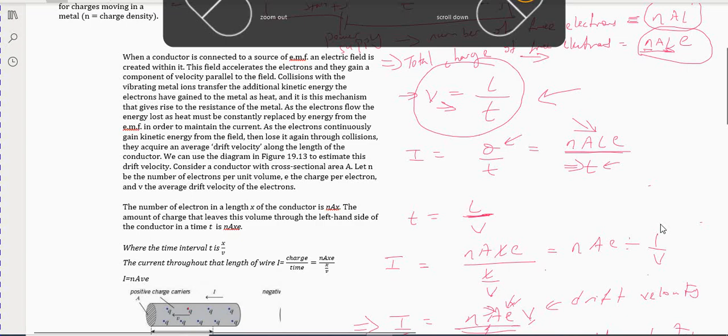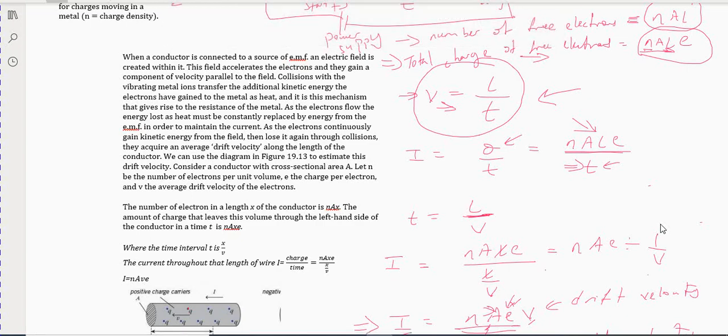All right, guys. And here I have a little bit of information, some notes that you can look at to understand that, when charge is flowing through a conductor, we expect that there's going to be some amount of collisions by virtue of the particles that are inside of the conductor, right?